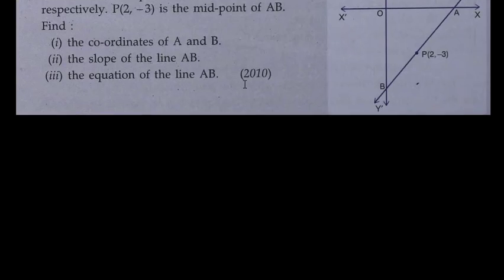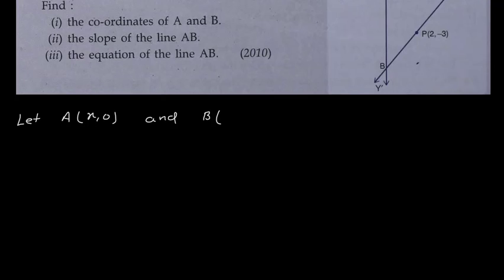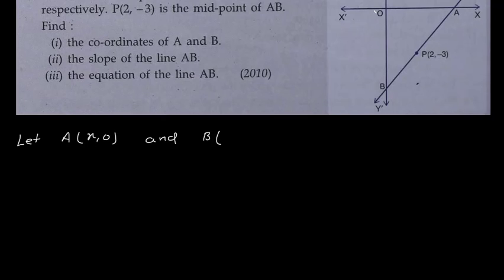We have to find the coordinates of A and B. So let point A be A comma 0, since A is on the x-axis, and point B is 0 comma B. Okay, now P is the midpoint.